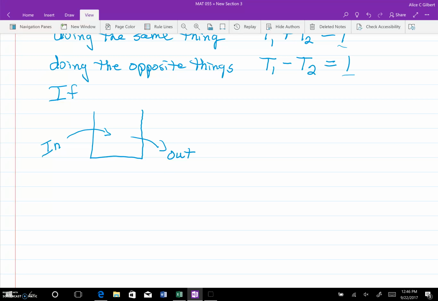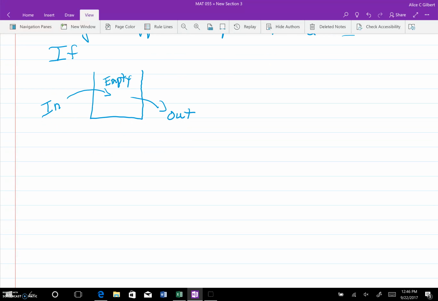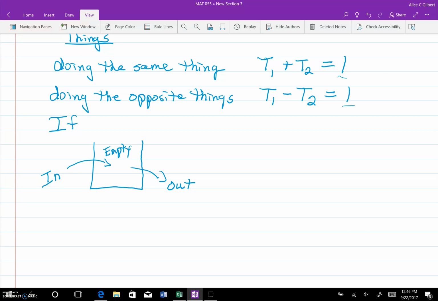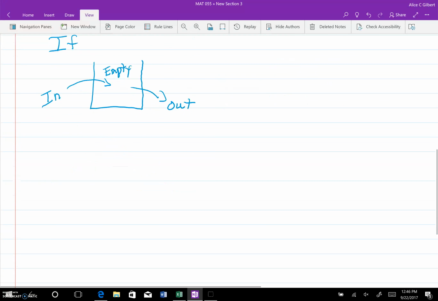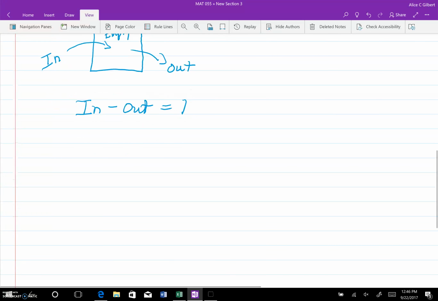If our vat or our swimming pool or whatever, our sink, is empty to begin with, then, and remember, these are doing opposite things, so it's thing 1 and thing 2. So this would be in minus out equals 1 job accomplished.